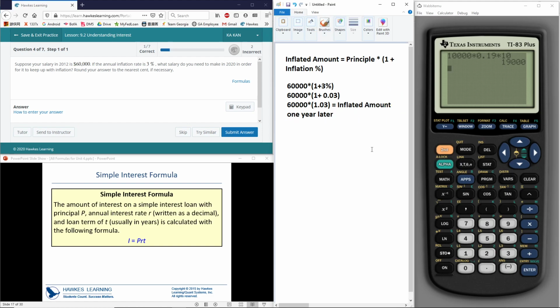So now the question is, that's 1 year later. What about all the way to 2020? So we say we start out in 2012 and we go all the way to 2020. That's 8 years of inflation. Meaning we have to repeat the process 8 times. But just to make it easier, 60,000 times 1.03. Basically, you have to multiply this 8 times.